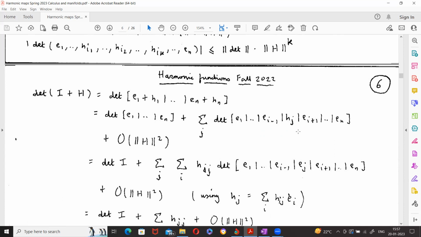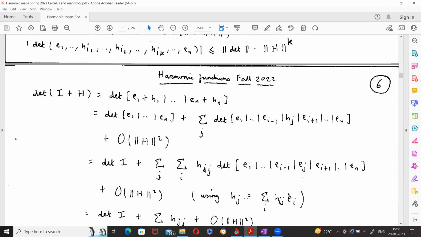The other terms will have at least two columns coming from H, so those will be of modulus less than a constant times norm H squared. When I add those up, I get something which is big O of norm H squared. Now the first term is the determinant of the identity, plus a sum over j, and Hj I can expand as a sum over i of Hij Ei.